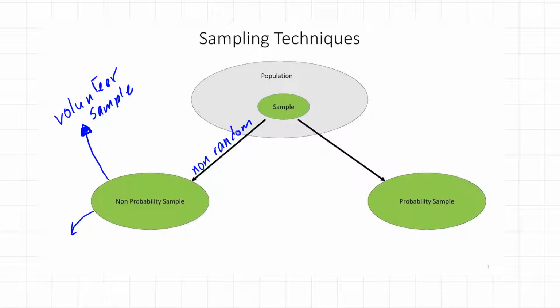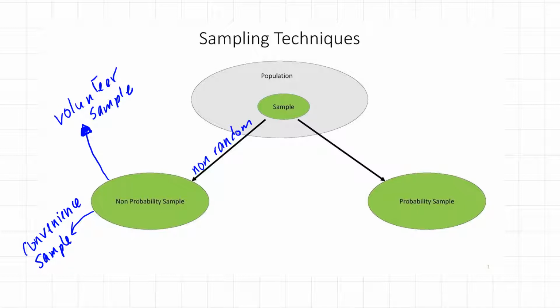Another example is a convenience sample. For example, you want to find out who is going to the dance, and you just ask the people that you are standing next to at your locker. That's a convenient sample of the entire population of your school.